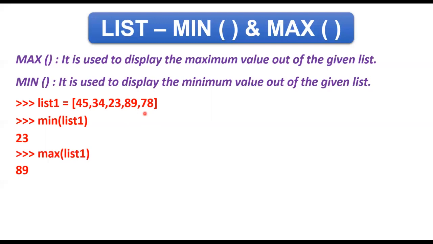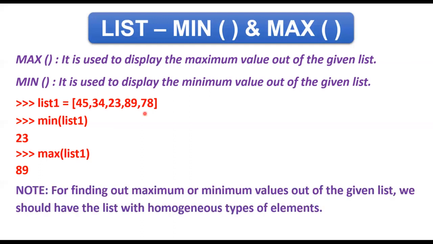That means it doesn't matter whether the element is of integer type, float type, character type, etc. But once we are going to find out the maximum or the minimum value out of the given elements, we should take care that my list should be of homogeneous type of elements. Then only the comparison can be made and we can select the minimum or the maximum out of it.